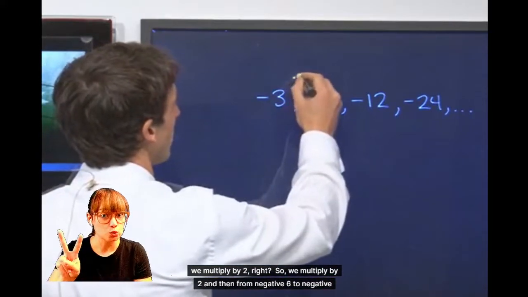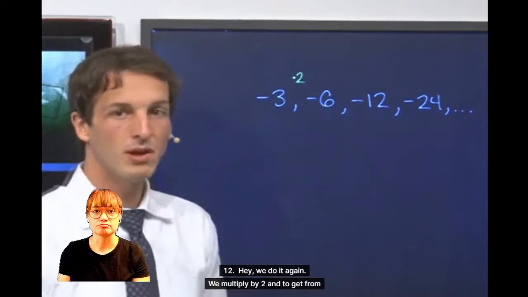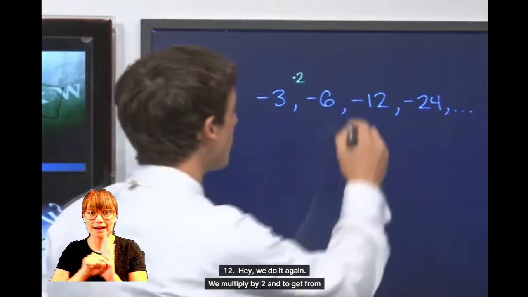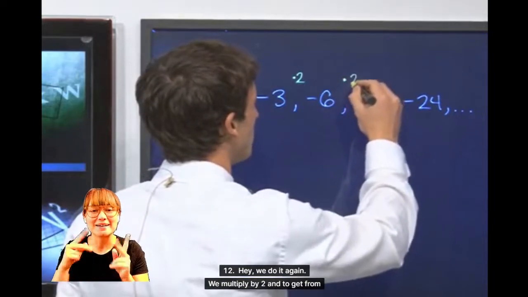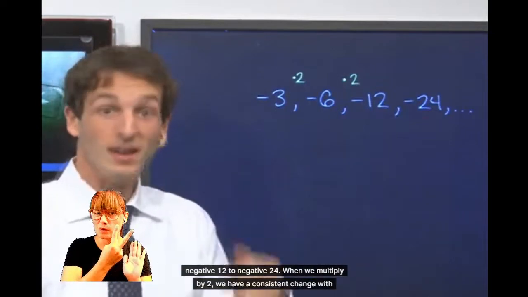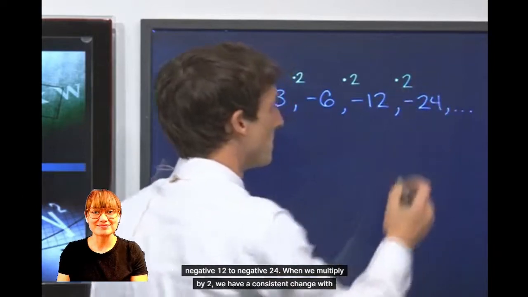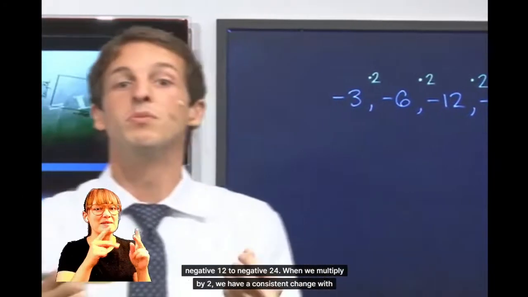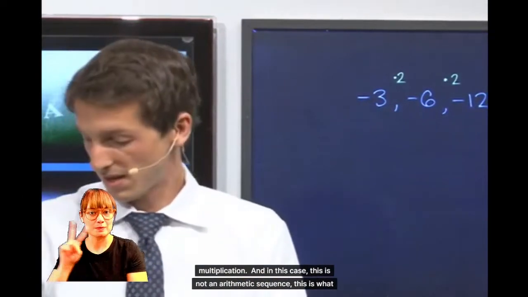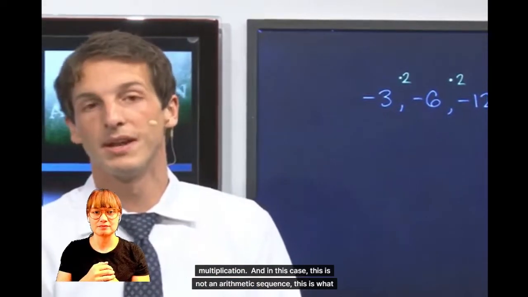And then from -6 to -12, hey, we do it again. We multiply by 2. And to get from -12 to -24, we multiply by 2. We have a consistent change with multiplication, and in this case, this is not an arithmetic sequence.